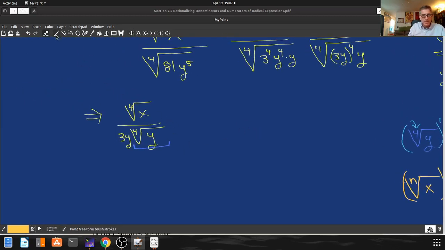So I'm going to multiply this times the fourth root of y raised to the fourth power. So since the indices are the same, the top becomes the fourth root of x times y to the fourth.